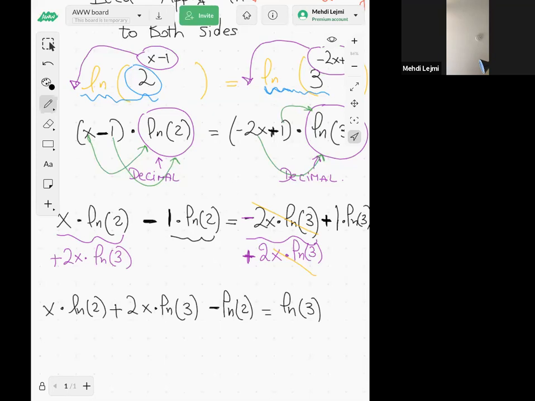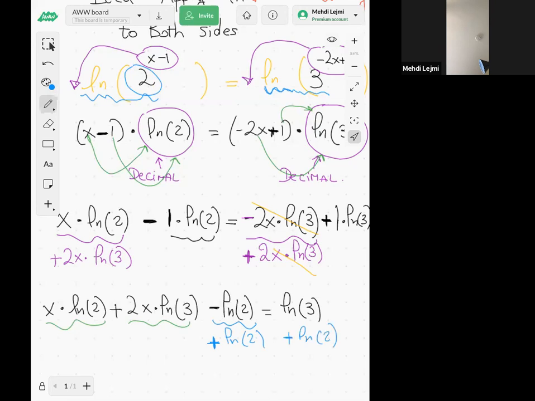Now, I have an x in here. That's good. An x in here, right? So we can factor out the x. But then there's a third term here, this one here. There's no x in there, right? So I have to move it to the other side because there's no x in there. It's a minus, so I'm gonna need a plus natural log of 2. So it's a plus natural log of 2.